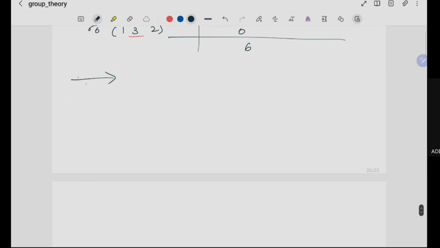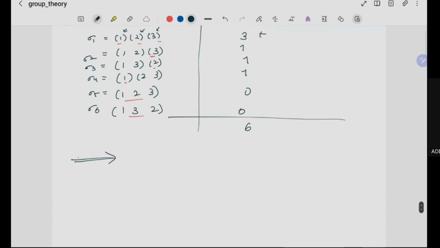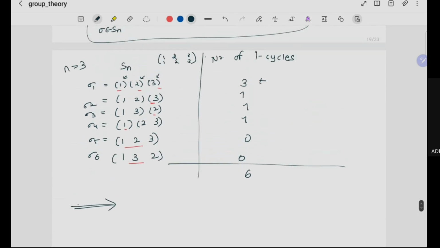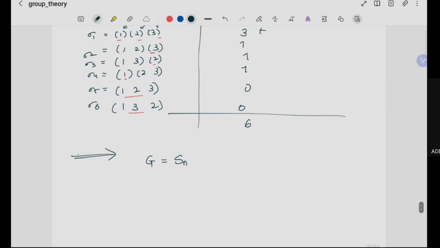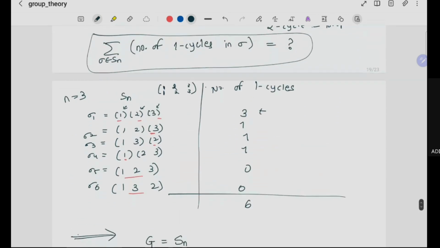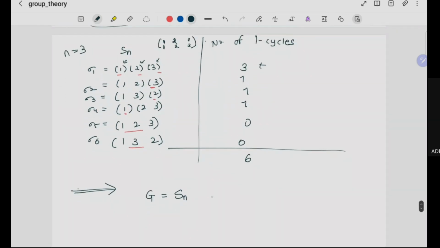So in order to find this, these are also fixed elements in our permutation, right? So let us now consider this set. Let G be our Sn, because we are summing over Sn, and let X be the set 1, 2 up to n.